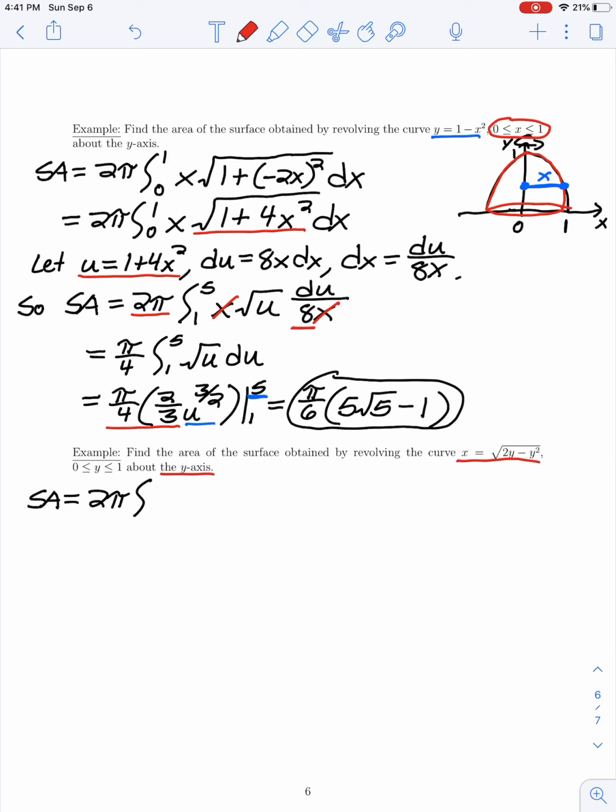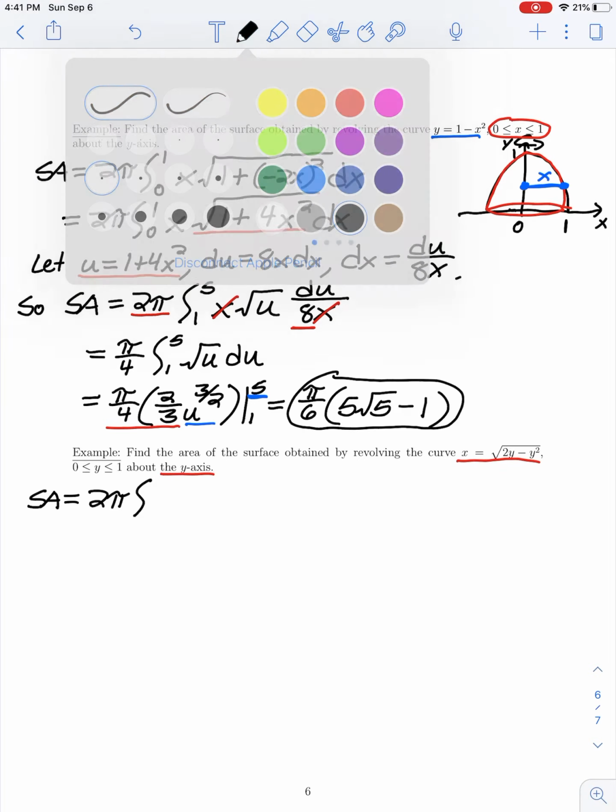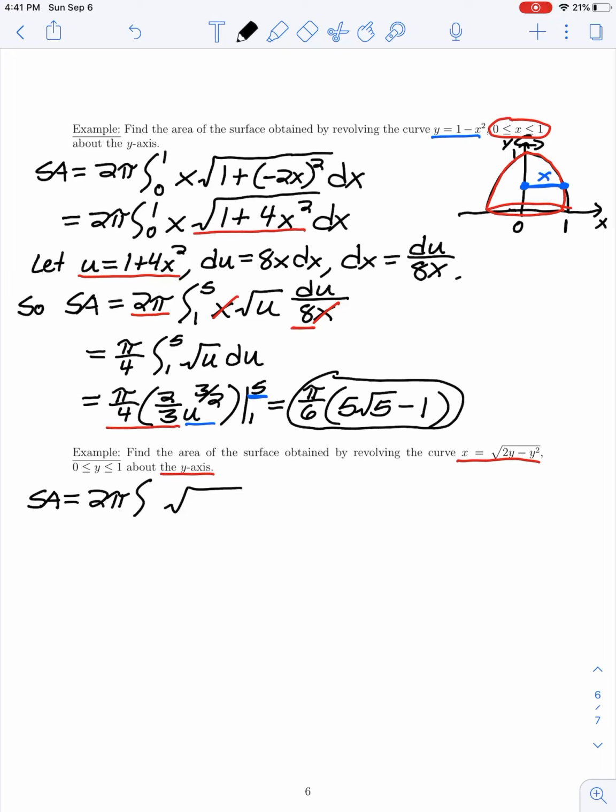But x in this problem is given by a function of y. So our radius is going to be this function, the square root of 2y minus y squared. And then we're multiplying by the differential of arc length, which would be the square root of 1 plus the derivative of this function squared.